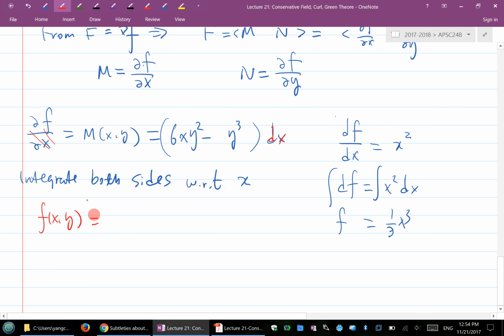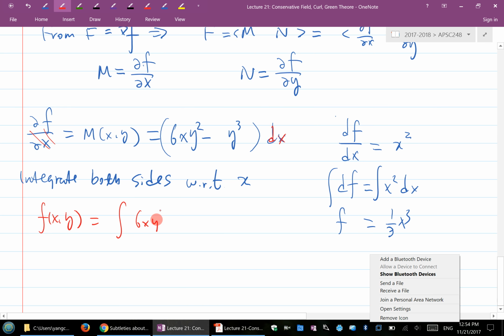If you do this, you get back this f of x, y on the left side. And when you integrate the whole right side, you integrate with respect to the dx here, right?